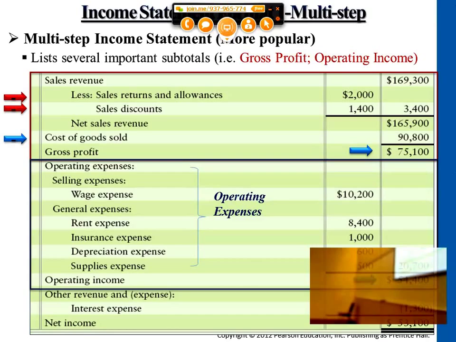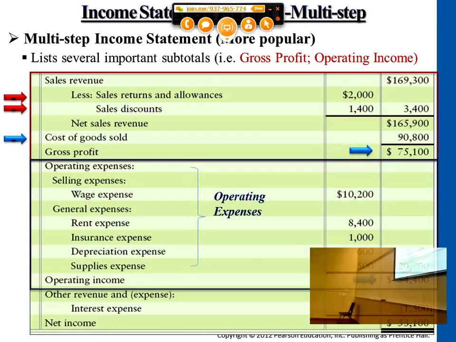Okay, so you can see all the other ones really do not exceed the $90,800 there for cost of goods sold. Relatively, these expenses are more minor. But still, they have to be covered by gross profit. So you have that $75,100, then you subtract all the other expenses incurred, the major expenses here, which group to a total of $20,700. Then this will give you operating income.